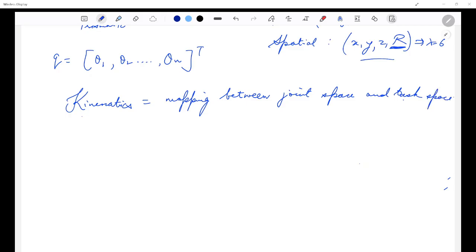We are not including any forces, but we are trying to find out how the joint variables link to the end effector position. Now it can be done directly. You have the joint variables and you want to find out where the end effector position is. It is direct kinematics. If you have the end effector position and you want to know what the joint variables are, it is called inverse kinematics, right? So these are the two fundamental problems in kinematics.